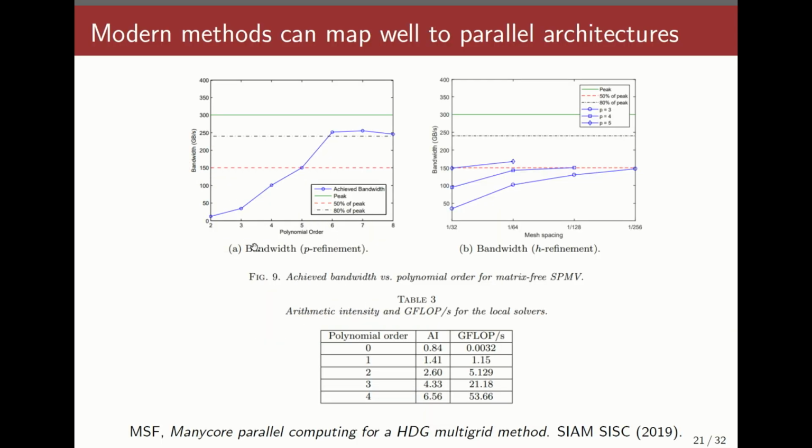On the vertical axis, we're seeing how well a given numerical method can utilize a parallel computational device's architecture. How well can it use the resources on that architecture? And what we find is that the higher order techniques, these new modern techniques, are typically able to utilize much more of the device. The device's resources are being used quite well, whereas for the lower order techniques, we're not able to utilize as much of the device.